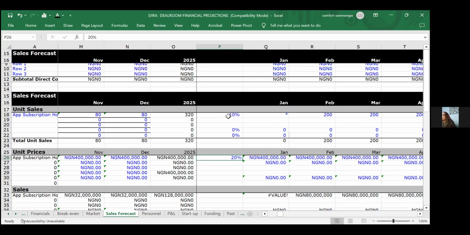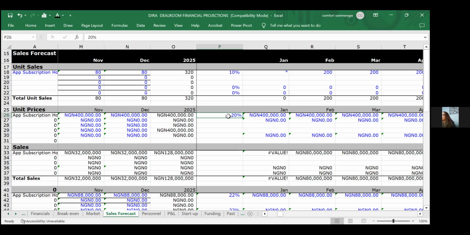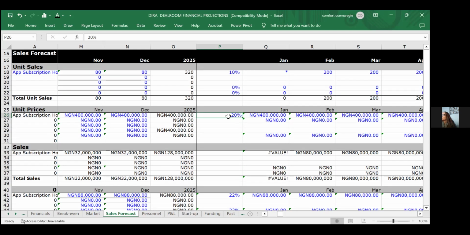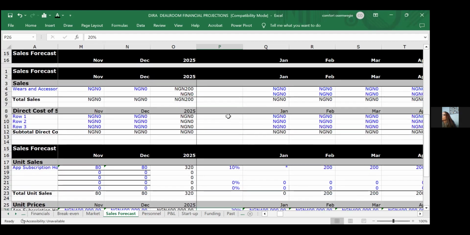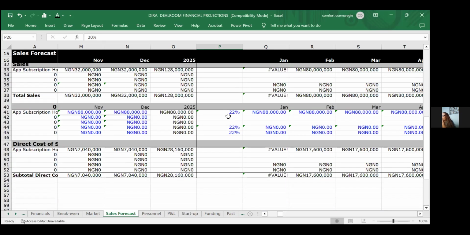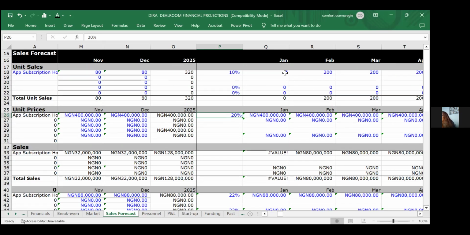So I don't know if it should... unit sales. I'm already having a negative value somewhere there. This is wrong, that's why. Okay.